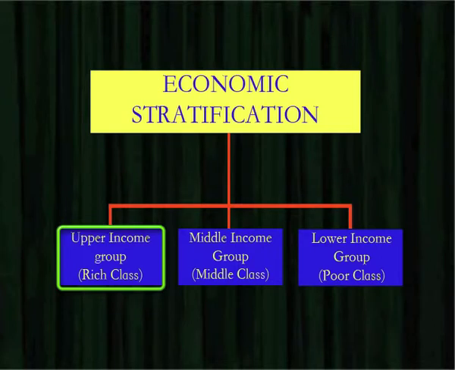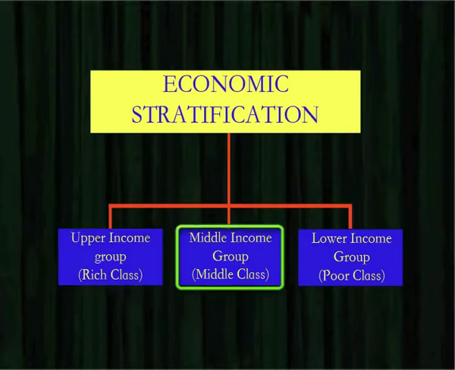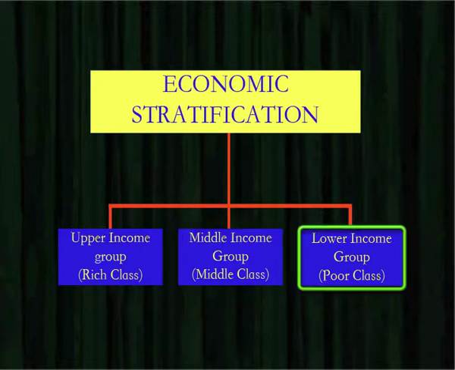The next feature is economic stratification. Economic stratification of population means classification of the population on the basis of the income level of the consumers. For example, the upper income class, commonly known as the rich class, the middle class, that is the middle income class, and the lower income class, which is commonly known as the poor.